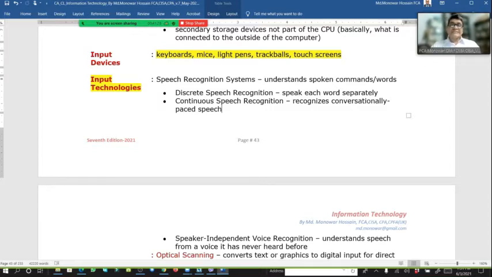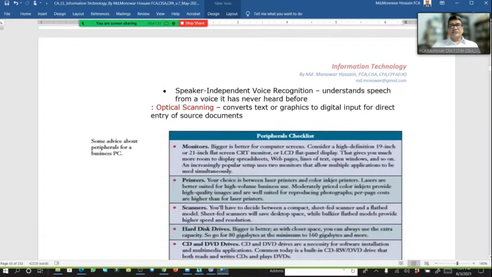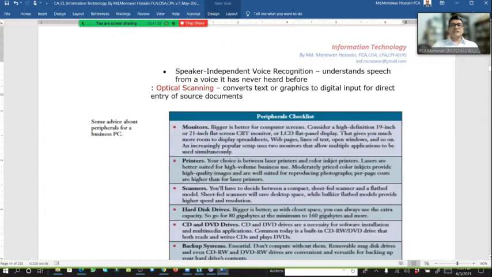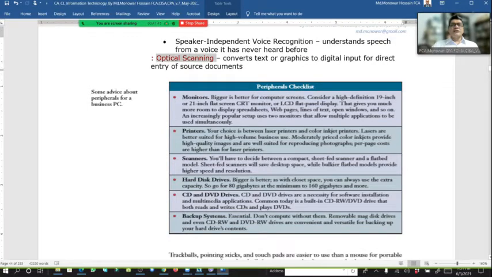So we can say that it is also input technology, giving us the output. Speech recognition, etc., and optical scanners convert text or graphics to digital input for direct entry from source documents.